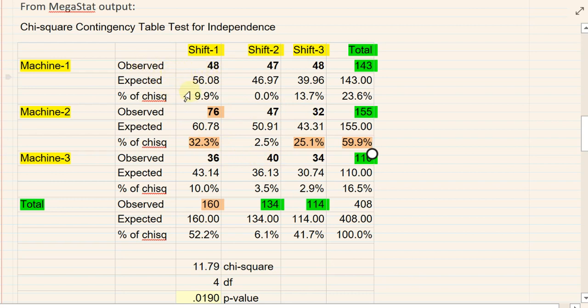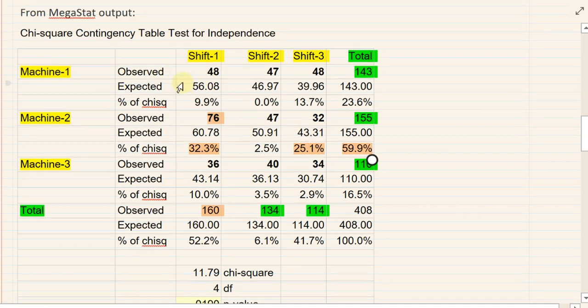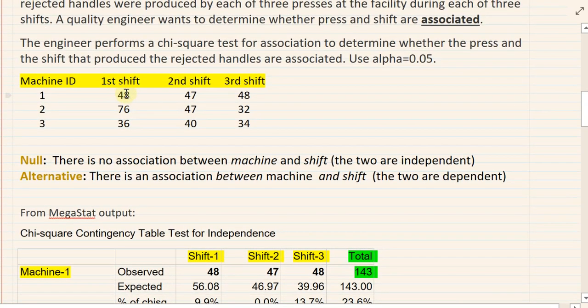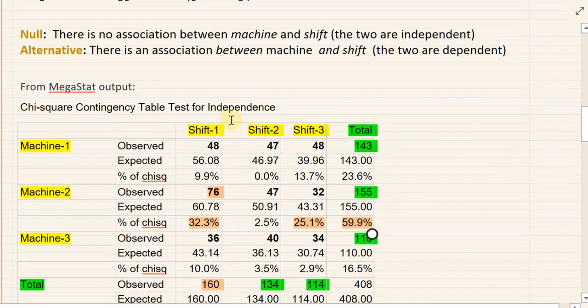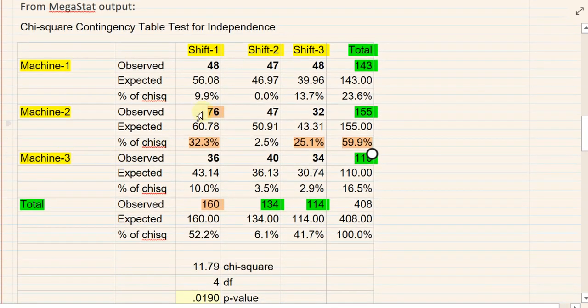So if you go back, for example, machine 1, shift 1, 48 observed, and there you go, 48. Machine 3, shift 3 had 34 rejected handles. So you see the boldface numbers? These are all observed frequencies.